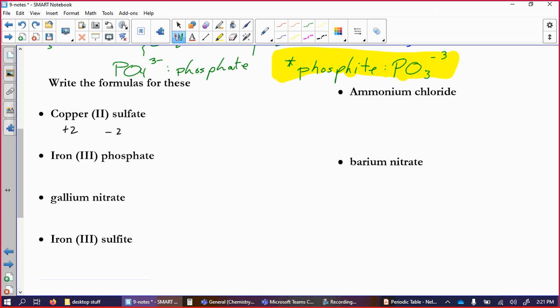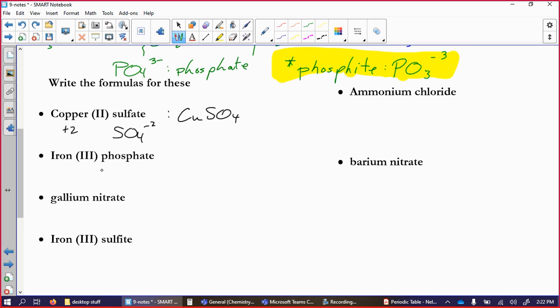So that's -2. +2 and -2 cancel out, so this is just going to be one copper and one whole sulfate unit.